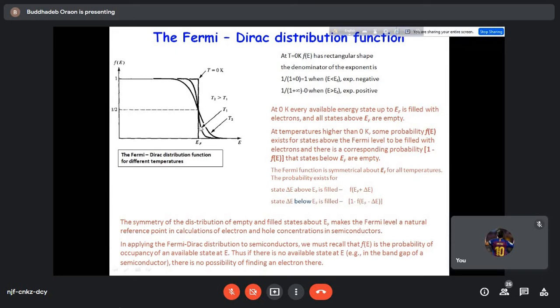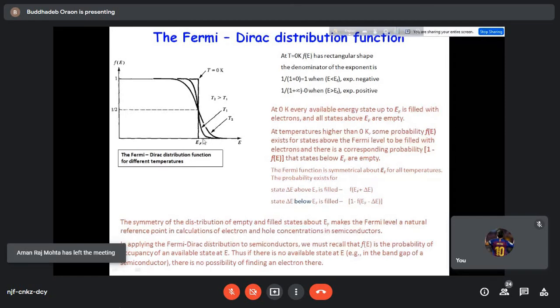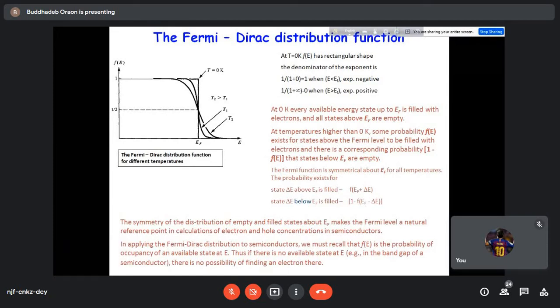You can see here, as the temperature is increased, the shape of the graph becomes not like a step function. It becomes a continuous function, and this particular area in the curve indirectly indicates the number of electrons going beyond the Fermi level, or the number of free electrons.